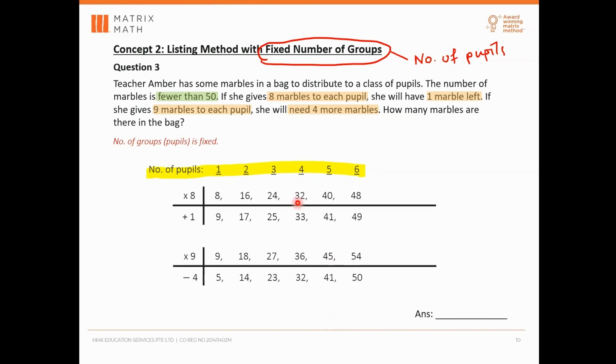Okay, what do you think the answer is? Are you all keen in chat? 41. Okay, thank you. Since Reyes has said the answer, the answer will be 41. Yes, correct.